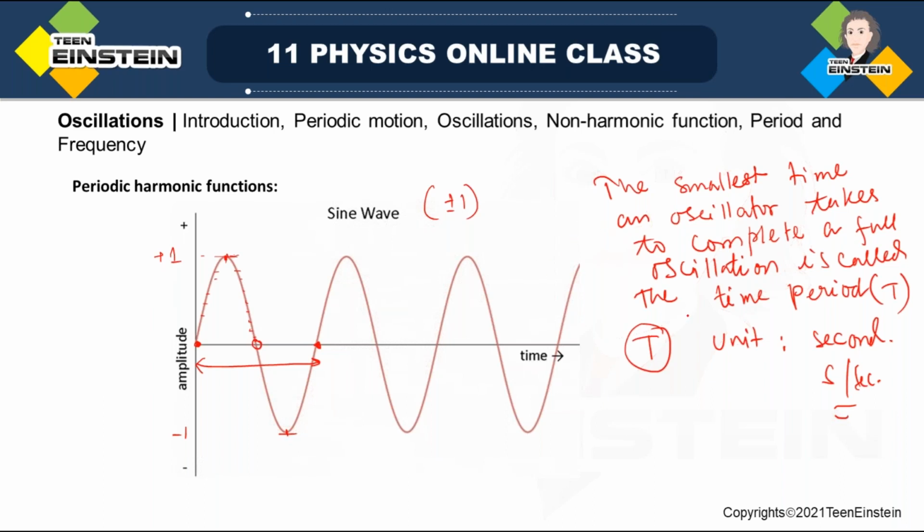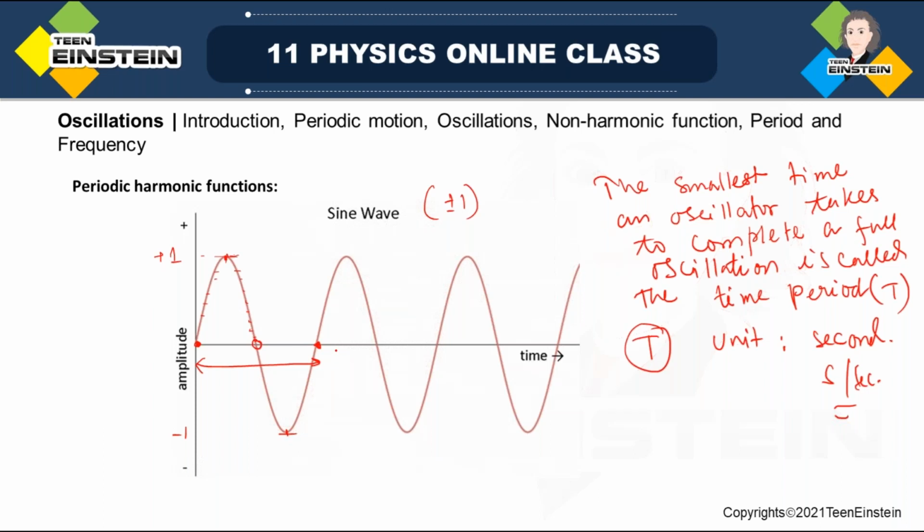So what is time period? Sometimes in the definition you might see that it is the smallest time interval after which the motion is repeated.